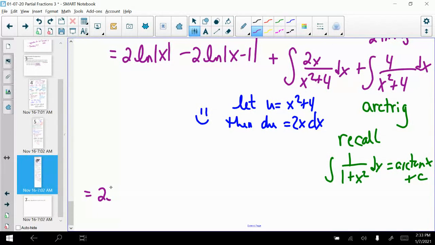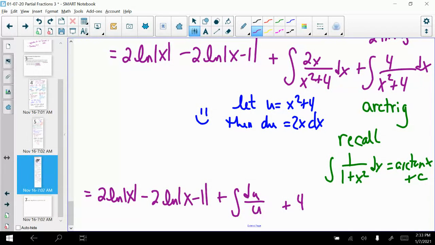So we have 2 natural log of absolute value of x still, minus 2 natural log of absolute value of x minus 1, plus, and then this is just a du over u situation, which makes us very happy. And then this one, I'm going to move my 4 out on top, but I'm also going to factor a 4 out of the bottom, so that we have 1 plus x squared over 4.